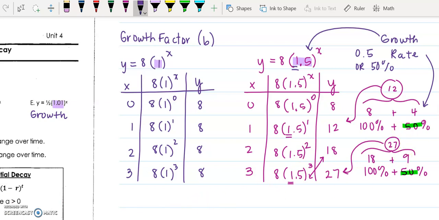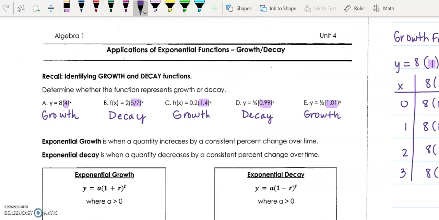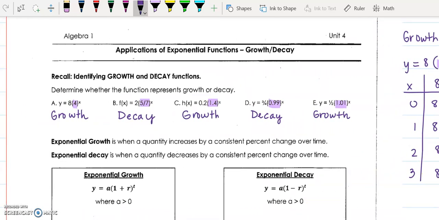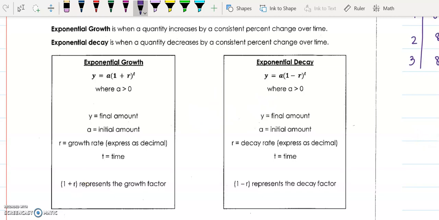So now let's take a look at the examples that we've been given on the front of this page and talk a little bit about the setup for growth and decay functions in the real world. So hopefully you noticed with the examples that we did to the right, the leading coefficient was our initial value.